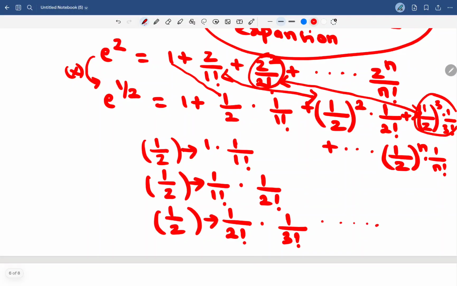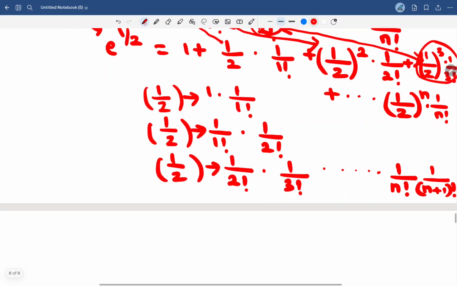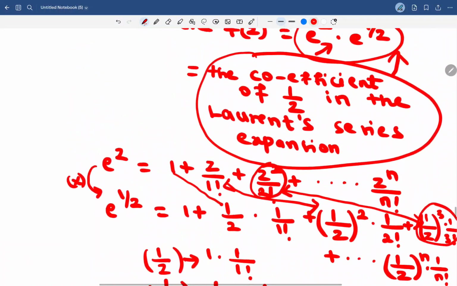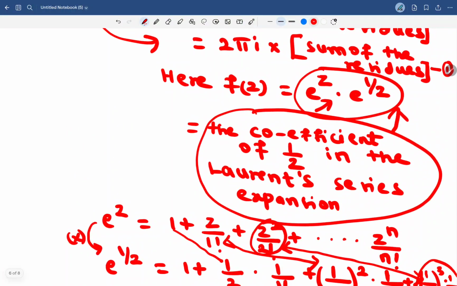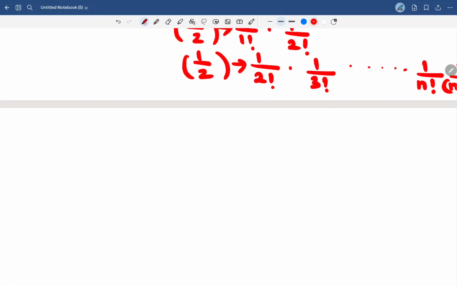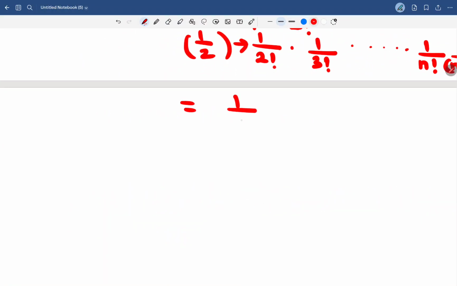Proceeding like this, we get the last term 1 by n factorial into 1 by n plus 1 factorial. Therefore, the coefficient of 1 by z for e power z into e power 1 by z is nothing but 1 by n factorial into 1 by n plus 1 factorial.